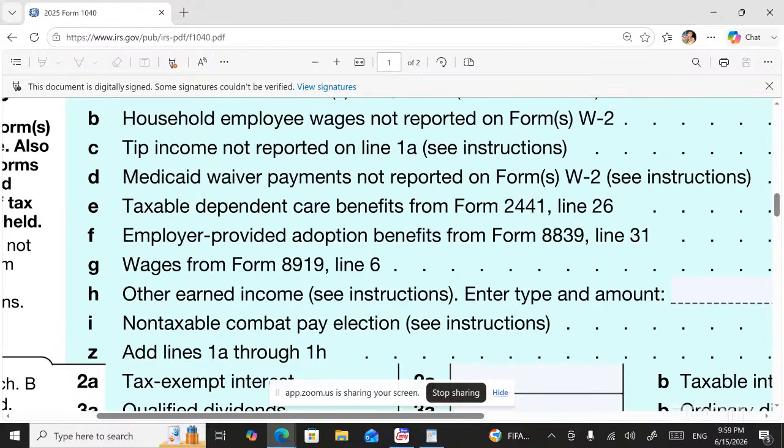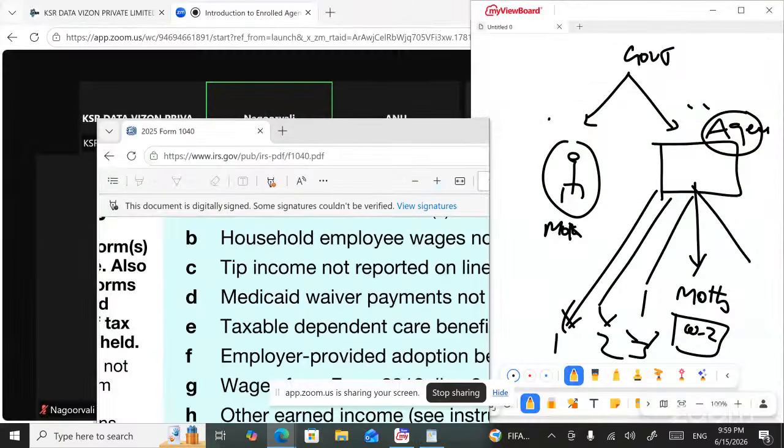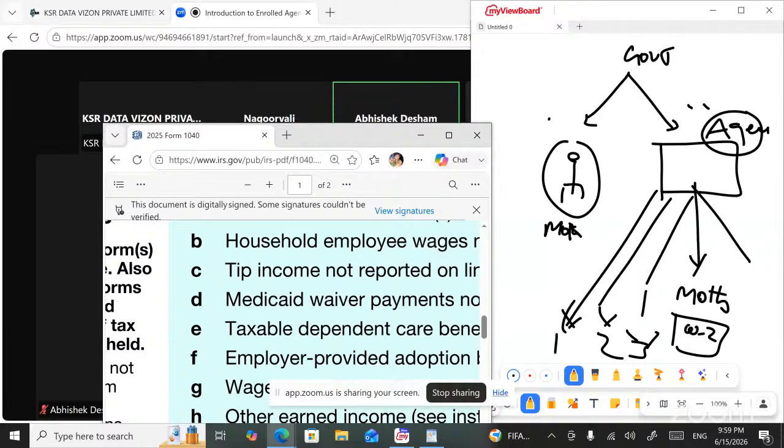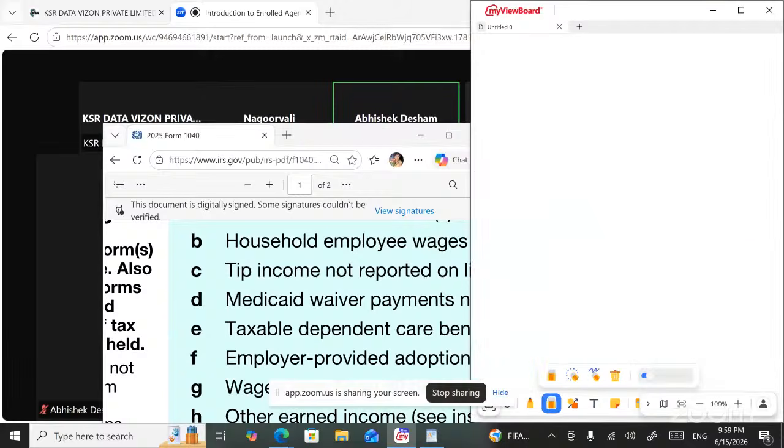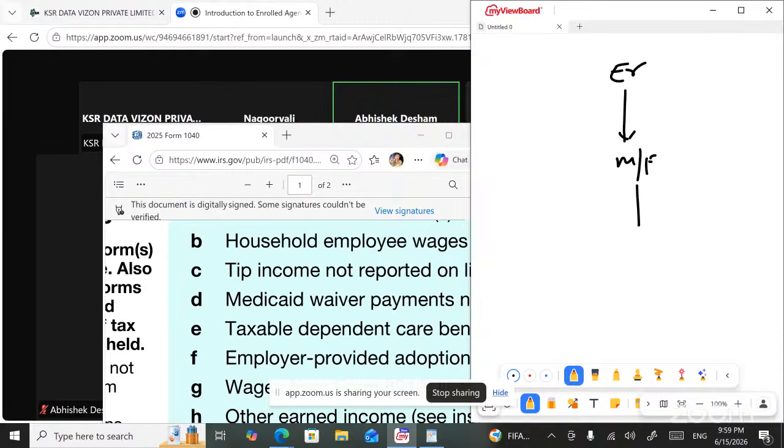This money is divided into two types again. The employer is giving to the parent, either mother or father, whoever it may be. The employee has one child.